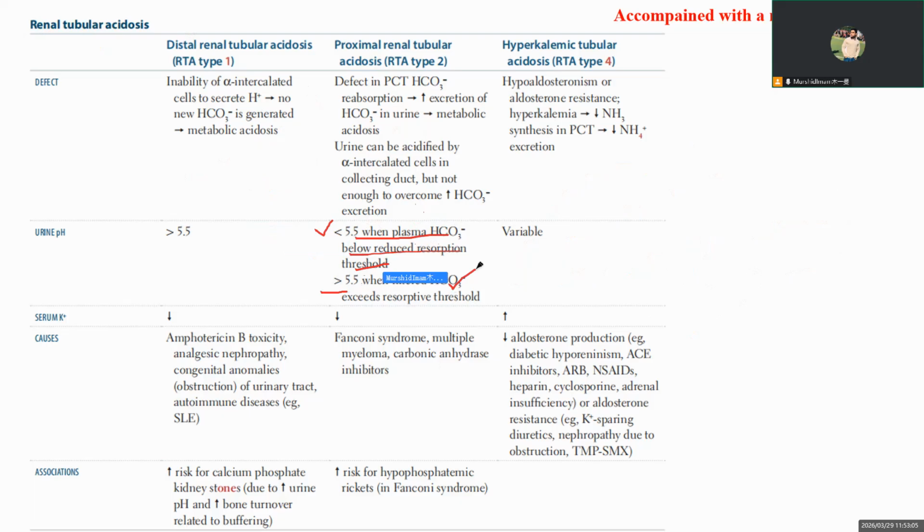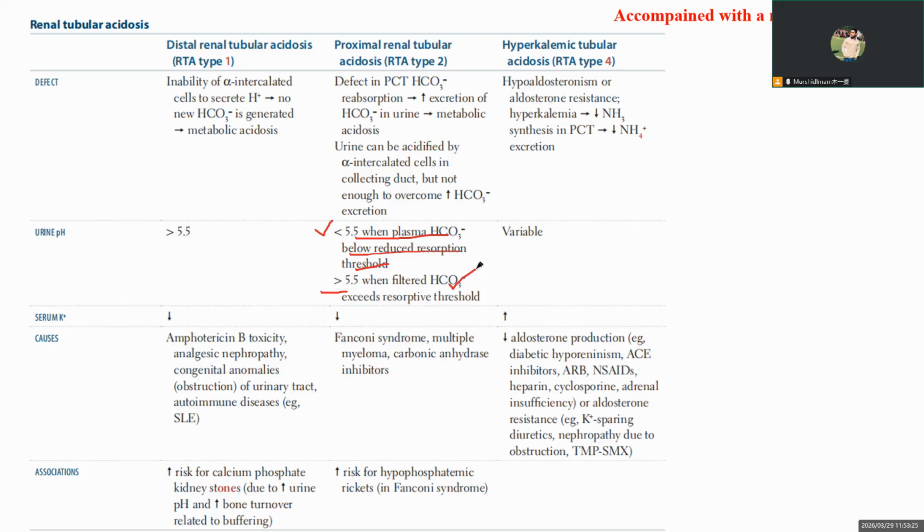So what about the potassium in such a situation? In type 2 RTA, remember that we also see hypokalemia. Why? Because of the increased delivery of sodium and water to the distal nephron, since the PCT is defective.